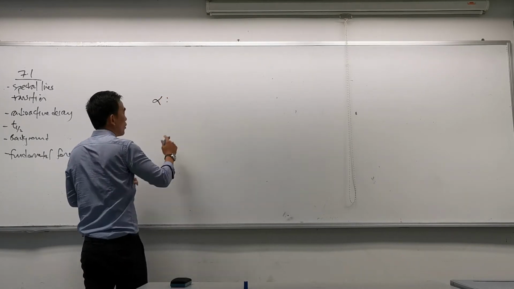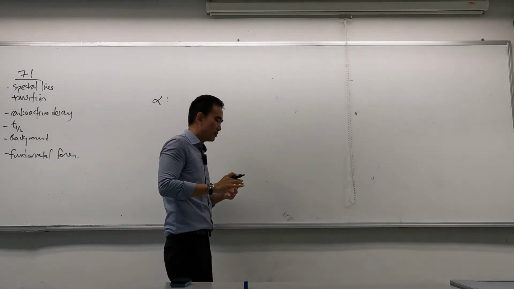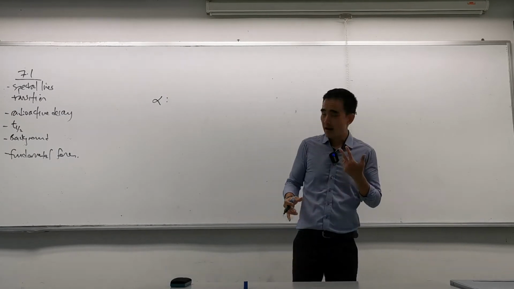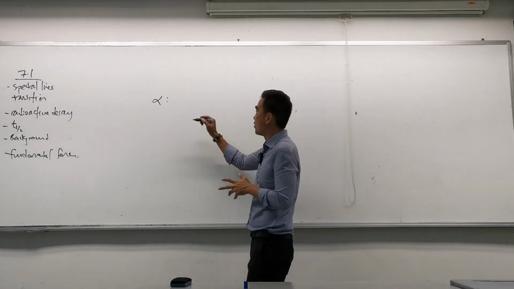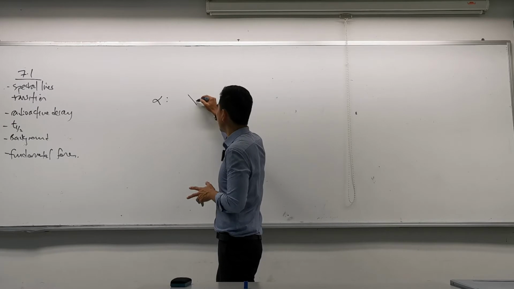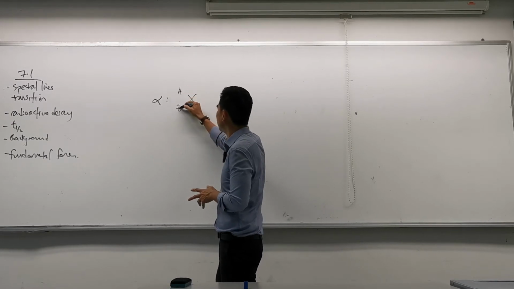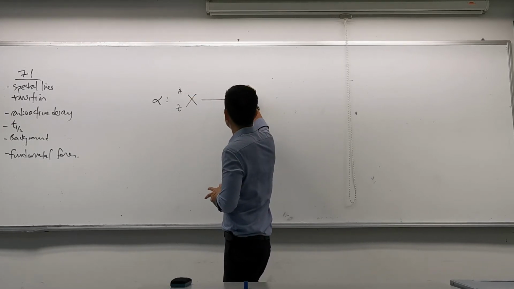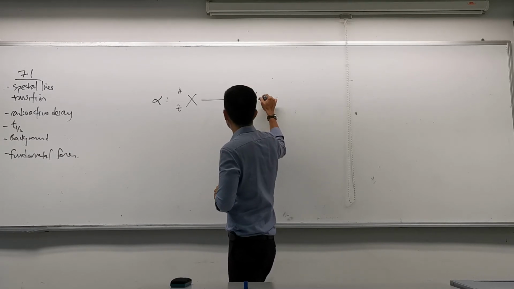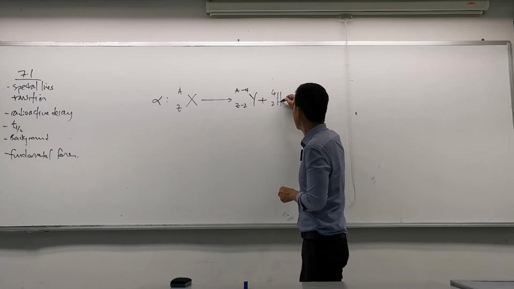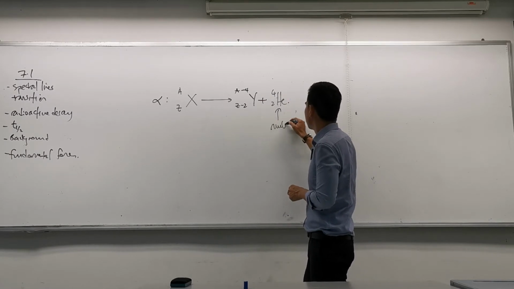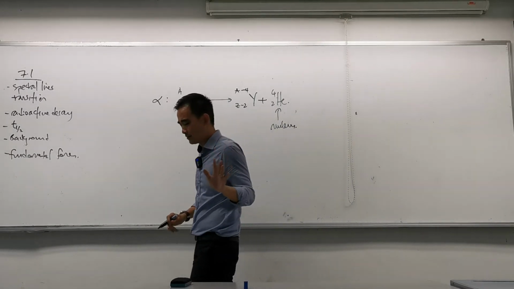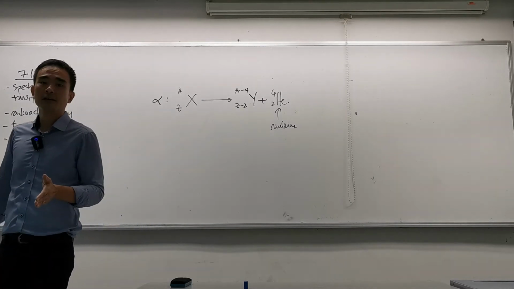Alpha. Now, alpha decay is usually something that happens for very heavy nuclei. It involves the emission of a helium nucleus. So from X with A, Z, it goes to Y with A minus 4, Z minus 2, plus a helium nucleus, 4 2 He. This is a helium nucleus, not an atom. So remember, we're all talking about nucleus.